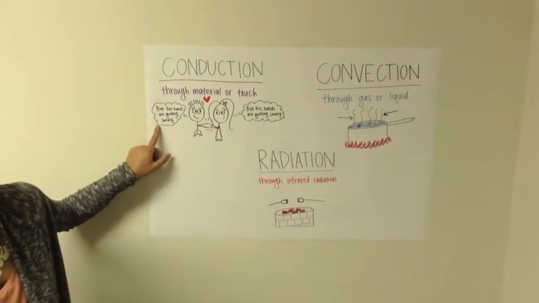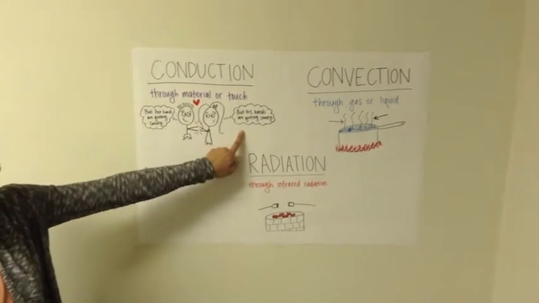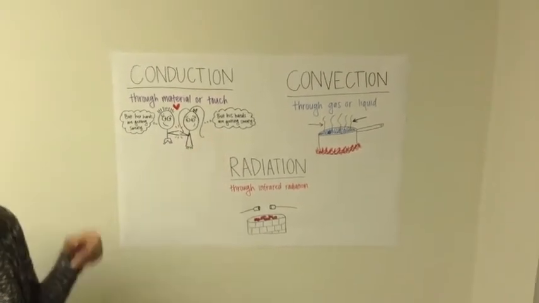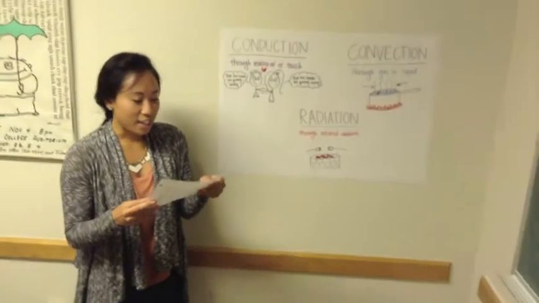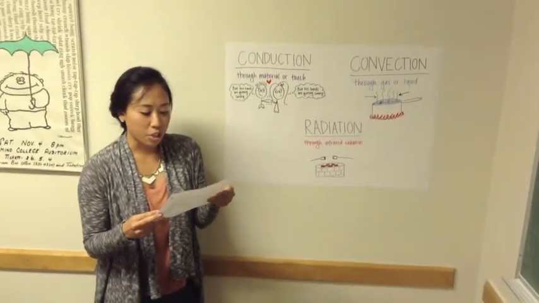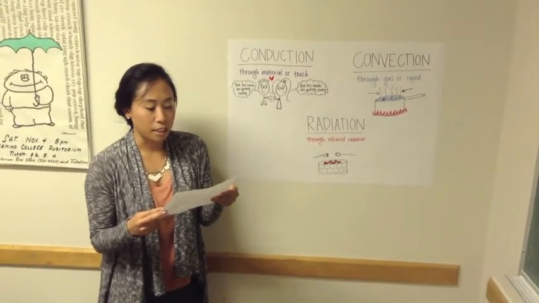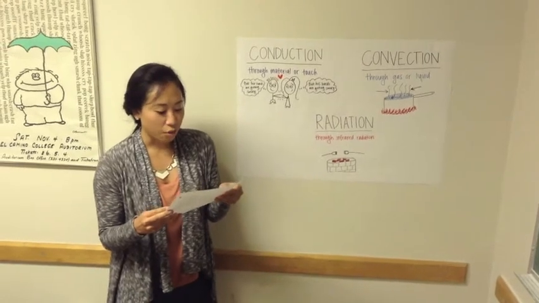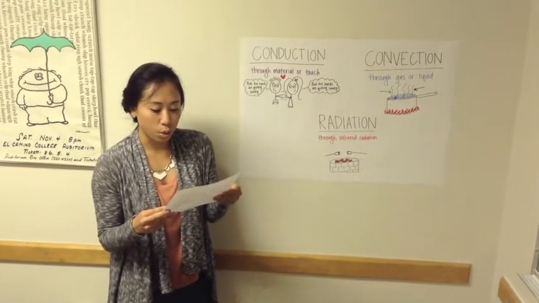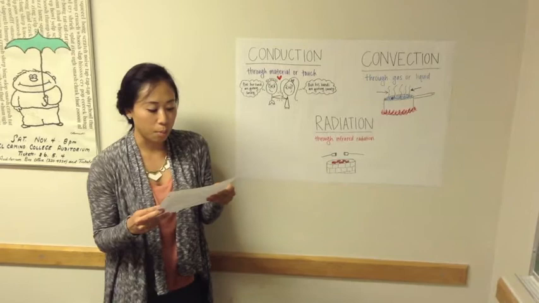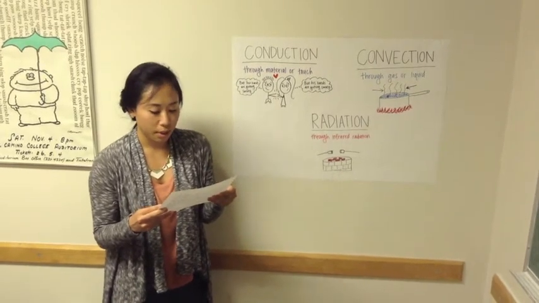It is easily observed when a hot object and a cold object are placed in contact. After a short time, heat conducted to the cooler object results in equal temperatures of the two objects.